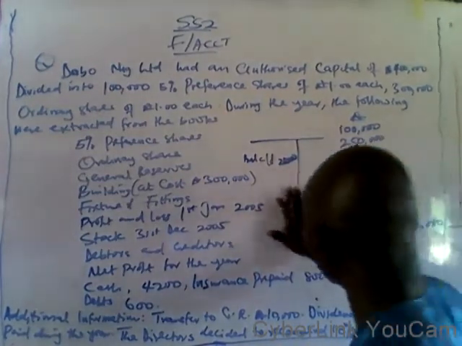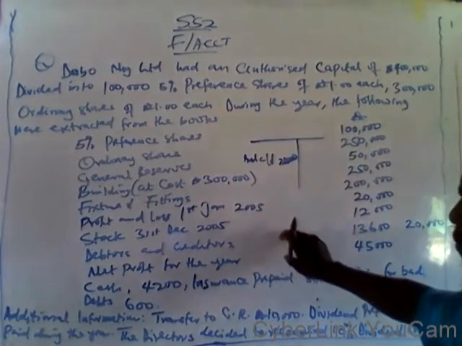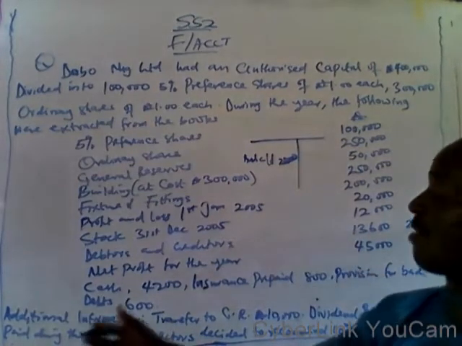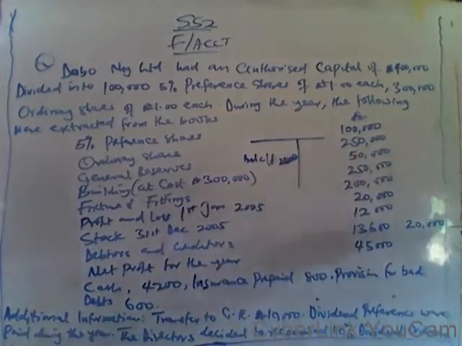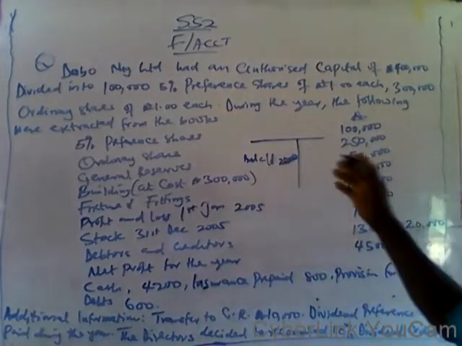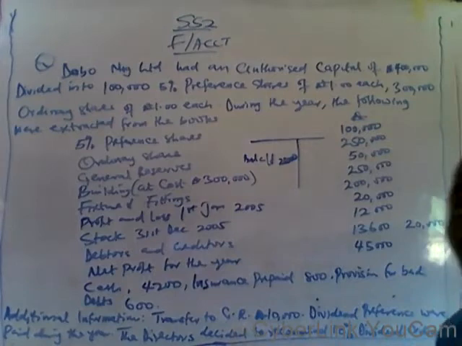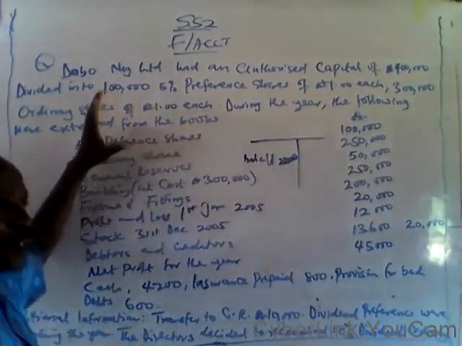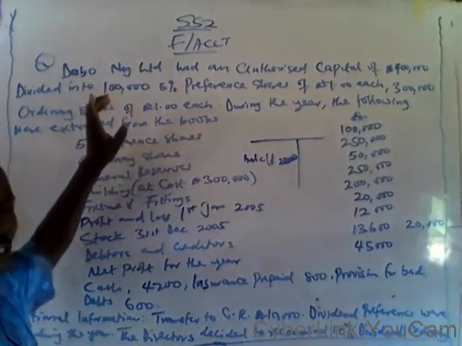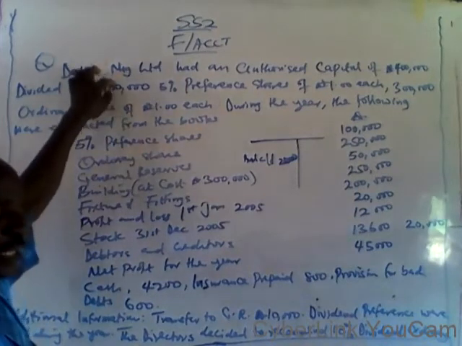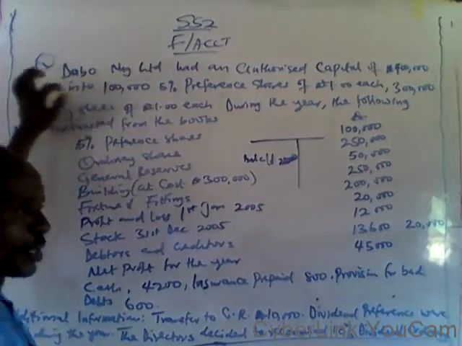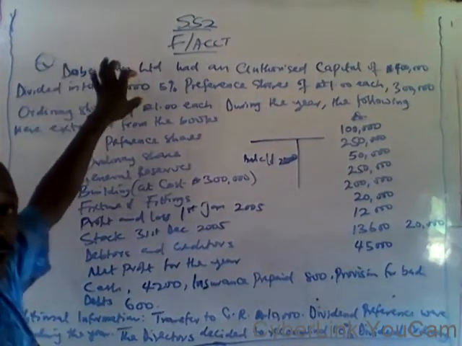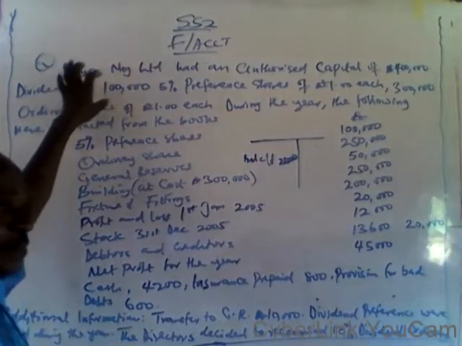And the next account to prepare, you move down to prepare the balance sheet. Remember, you have a liability side and an asset side. On the liability side, you need to follow the format. The first thing you have to consider is to write the authorized share capital and underline.